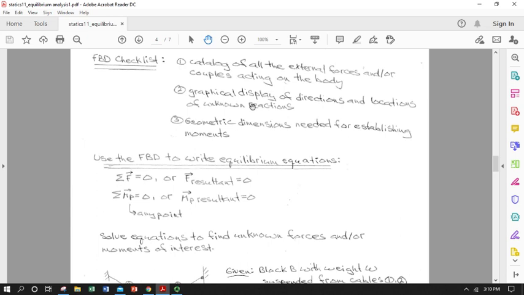So here's where you want to read the dimensions of your part very carefully. Make sure you're getting angles right, lines of action right. And I guess that's number 3. Geometric dimensions are needed, especially for establishing moments.